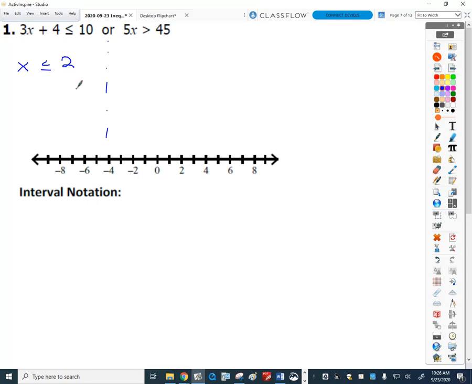So there's part of my solution. And then over here, all I have to do is divide by 5, right? So I'm going to get x is less than or equal to 2, or x is greater than 5, right? Everybody agree?